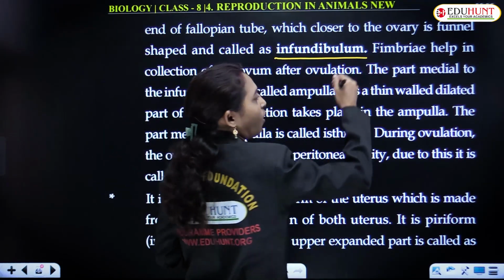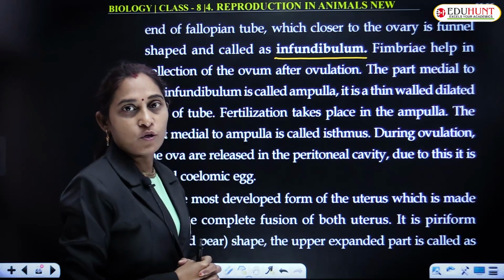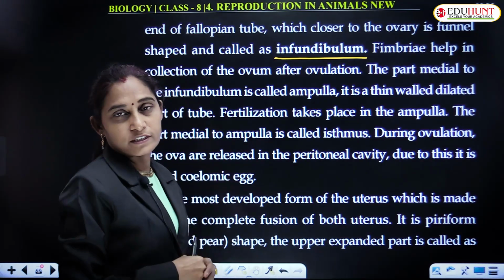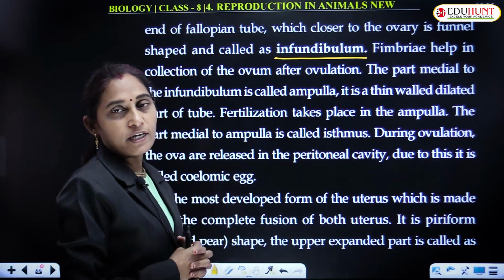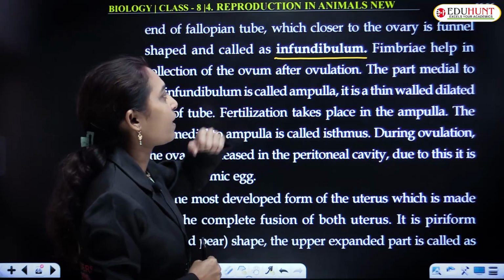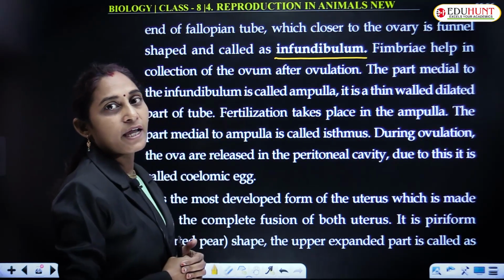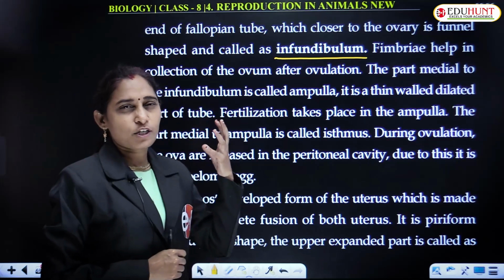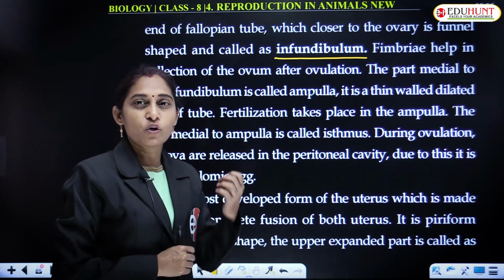The tip or end of the fallopian tube with finger-like projections closer to the ovary is known as the infundibulum, and the fimbriae help in collection of the ova after ovulation.